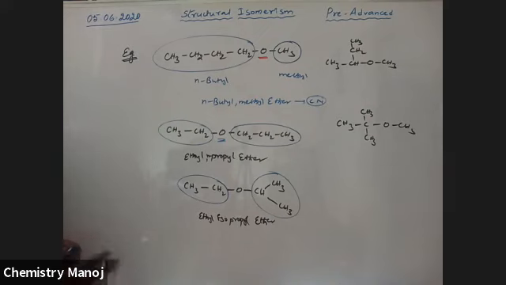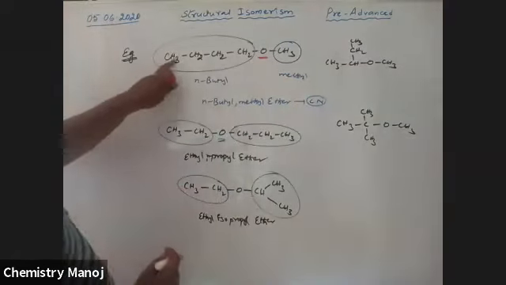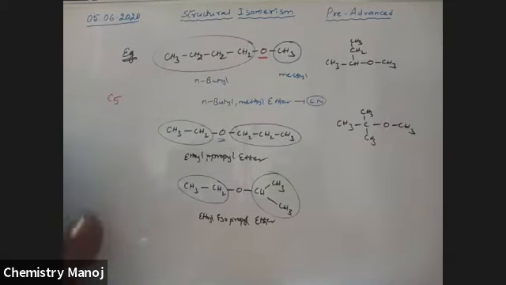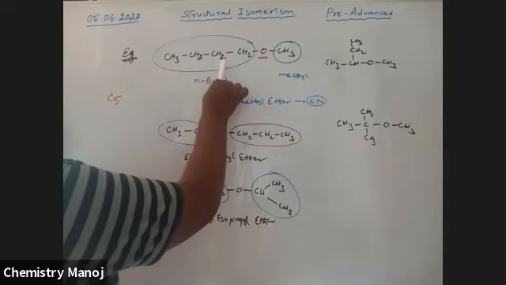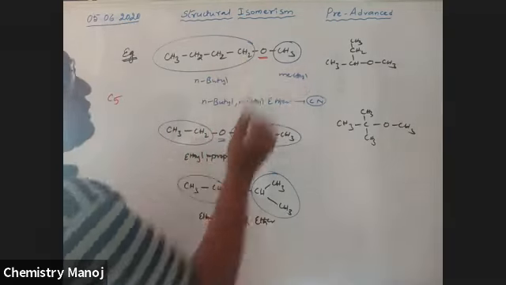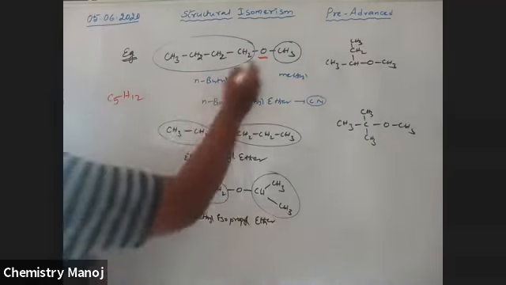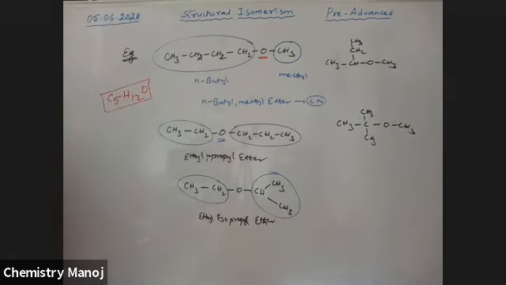Check once again the number of carbons, hydrogens and oxygens. Let me count the carbons: 1, 2, 3, 4, 5. So 5 carbons, C5. Hydrogens: 3, 2 is 5, 5 plus 2 is 7, 7 plus 2 is 9, 9 plus 3 is 12. H12. Only one oxygen.